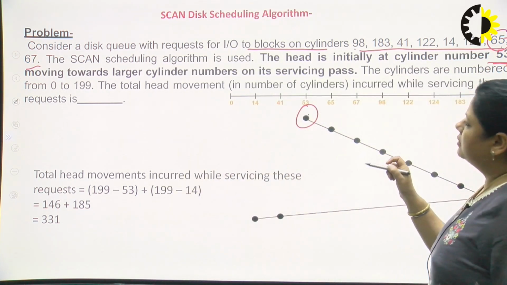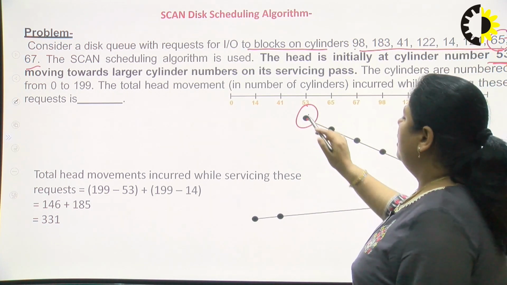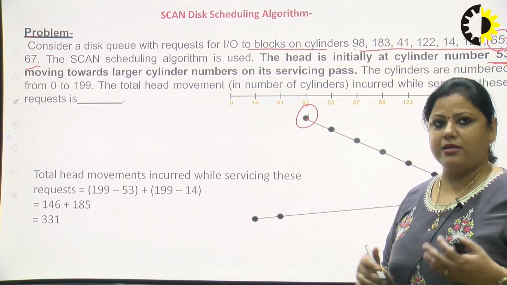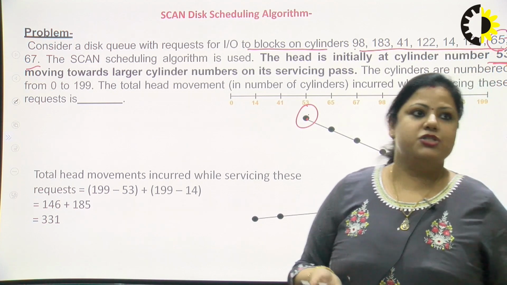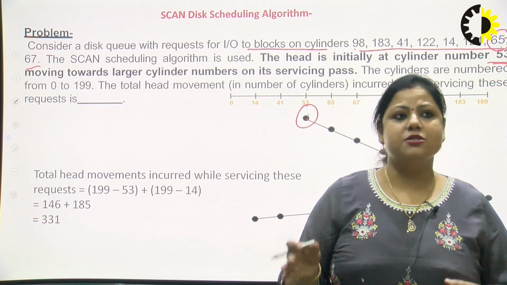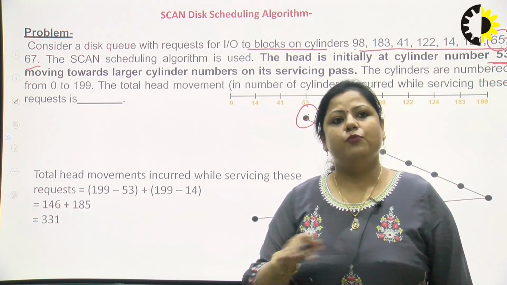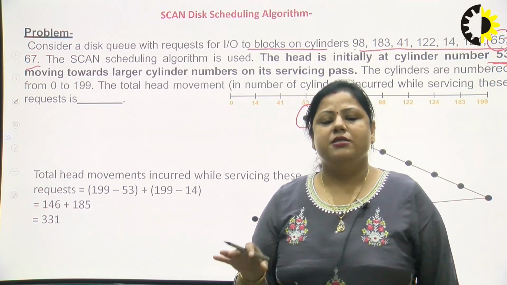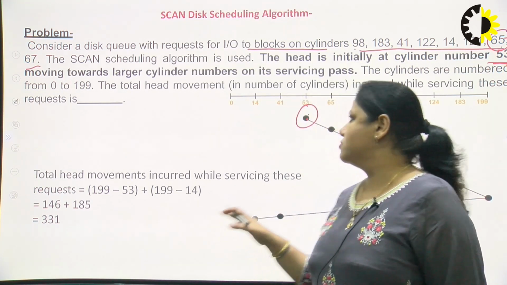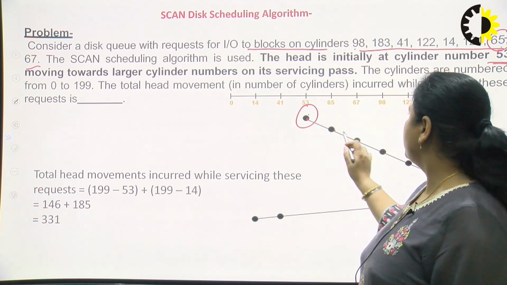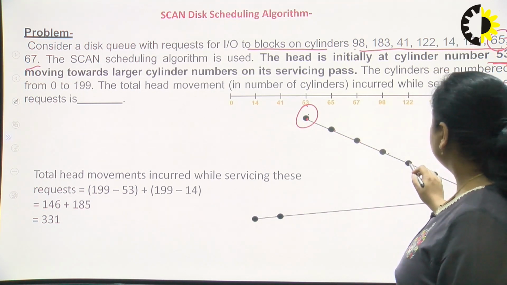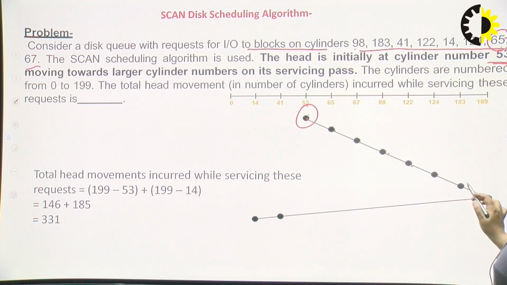You can see here there is 51 and it goes... From the definition we know that the head starts from one end of the disk and moves towards the other end, servicing all the requests in between. So, it goes 65 to 67, 98, 122, 124, 183 and 199.